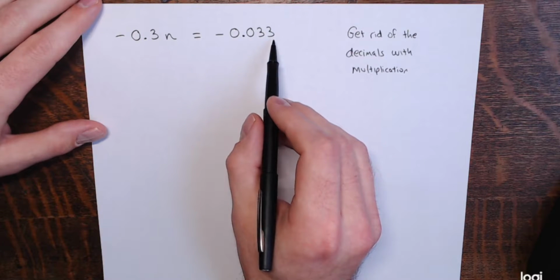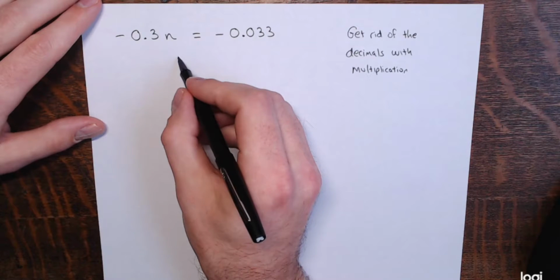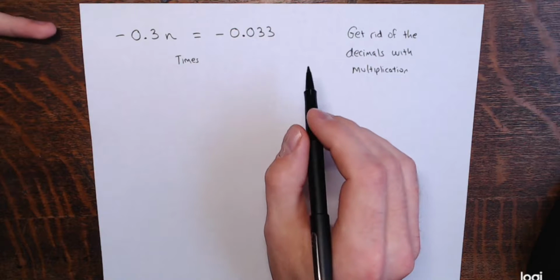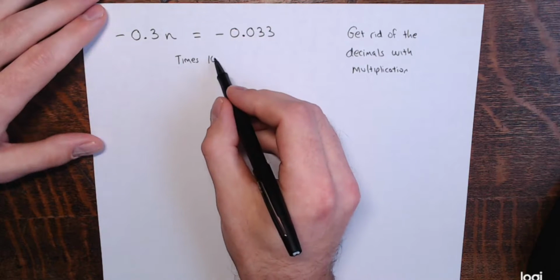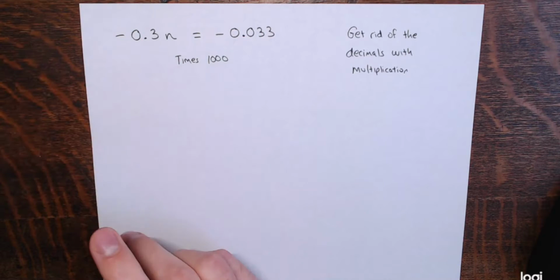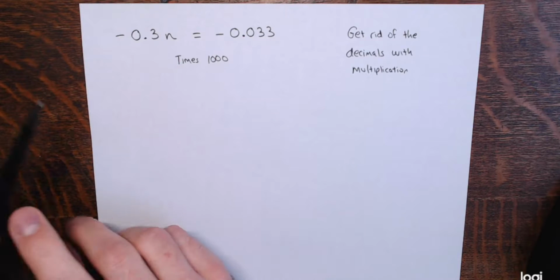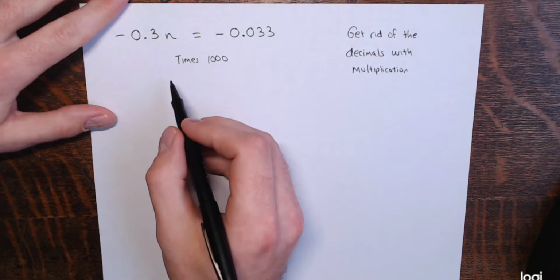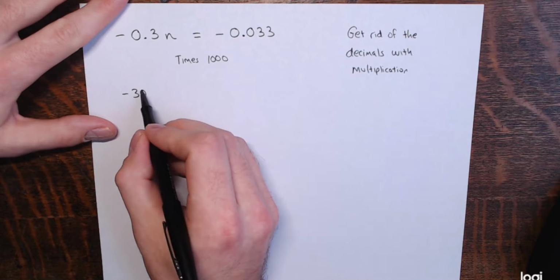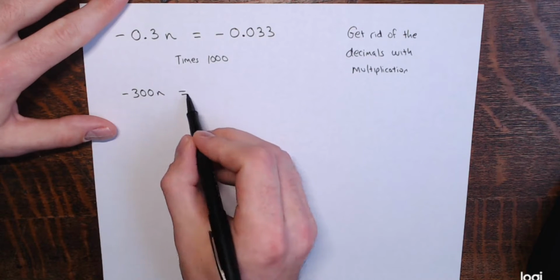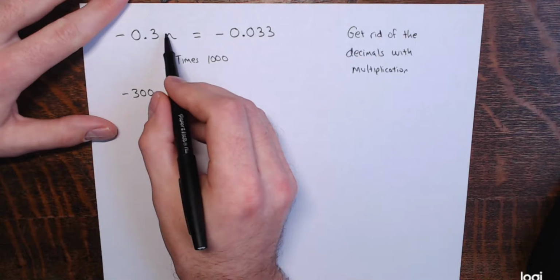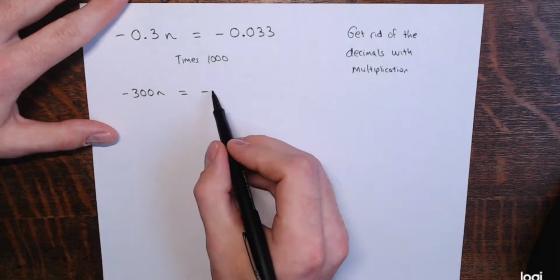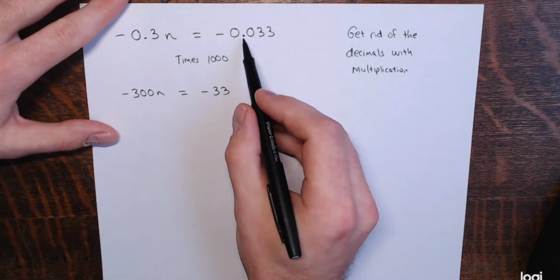So I need to multiply both sides by 1,000 here. Just take the biggest number that would get rid of all the decimals and multiply by that. Now if I do this, remember multiplying by 1,000 moves the decimal place to the right 3 places. So this would be negative 300n. If I move that over 1, 2, 3, it'd have 2 zeros, negative 300n. And then here it'd just be negative 33.